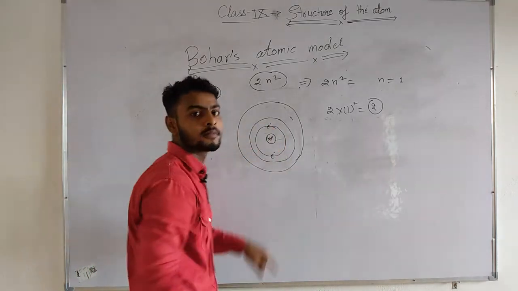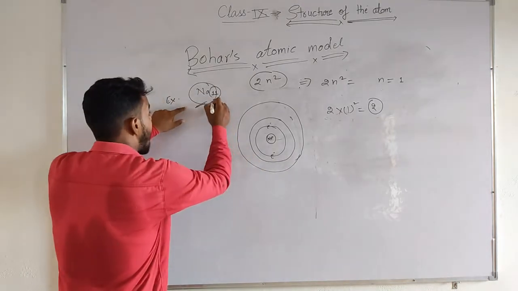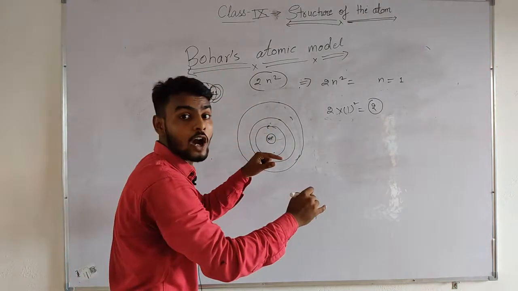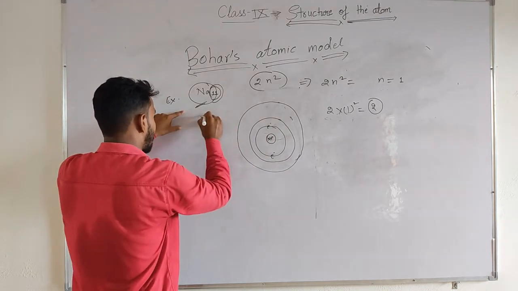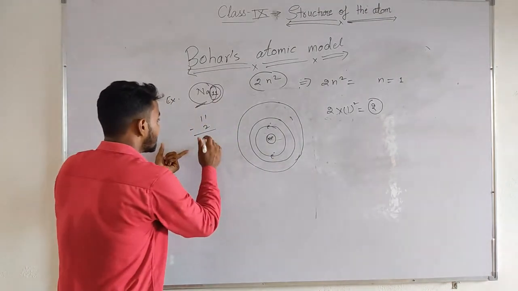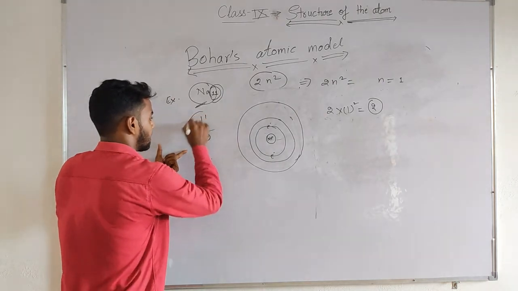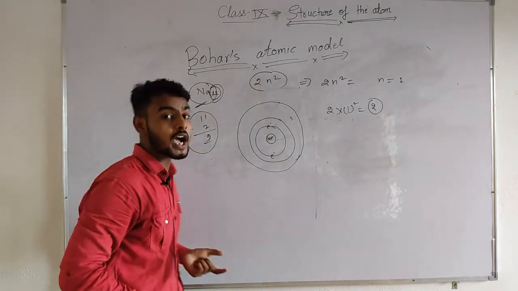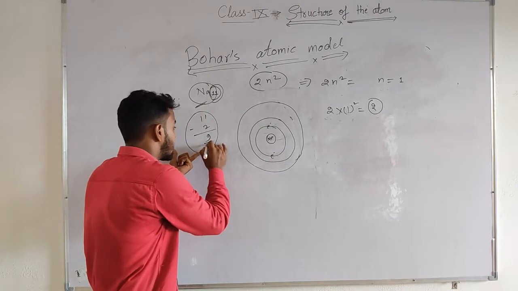Now how many electrons remain? 11 less 2, the remaining value will be 9. Now we have 9 electrons.